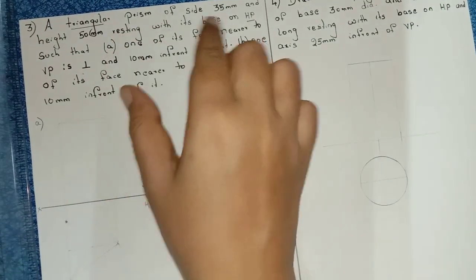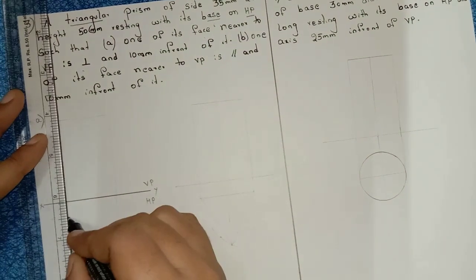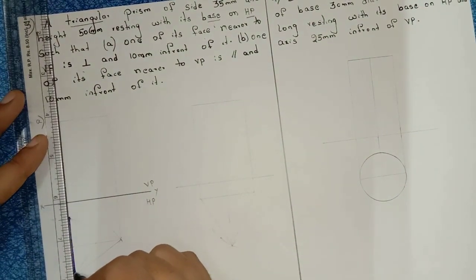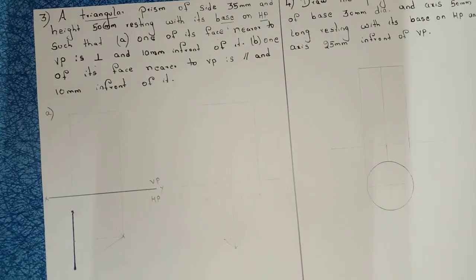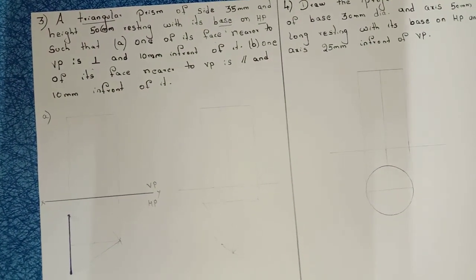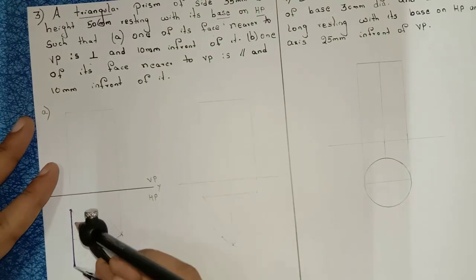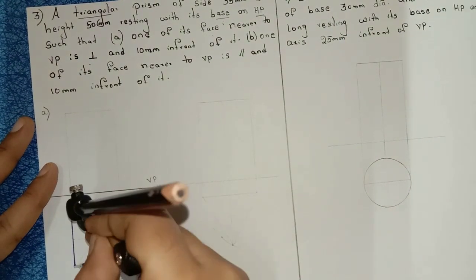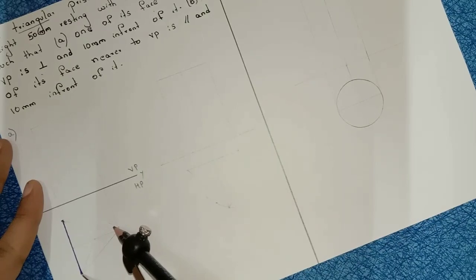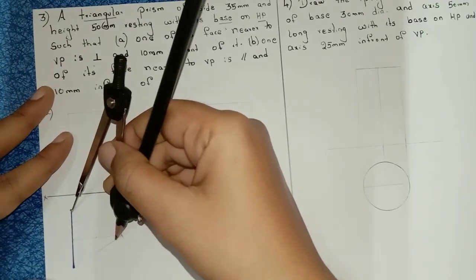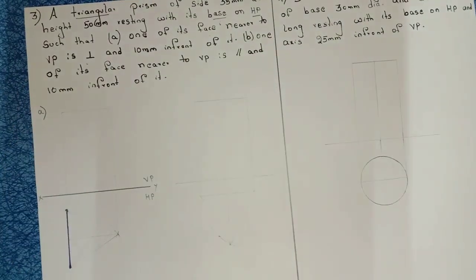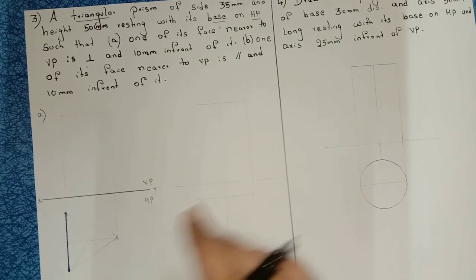Now the length of the triangle is 35 mm. I am taking this 35 mm length with my compass, keeping my compass here and drawing the arc, and keeping my compass here and cutting the first arc. So I will get the intersection point.